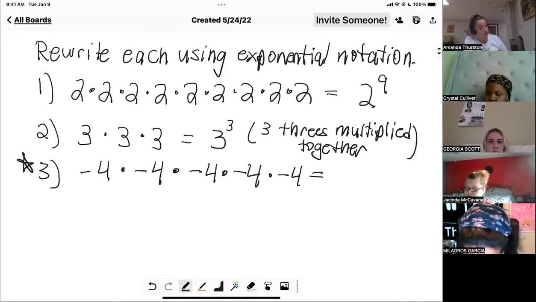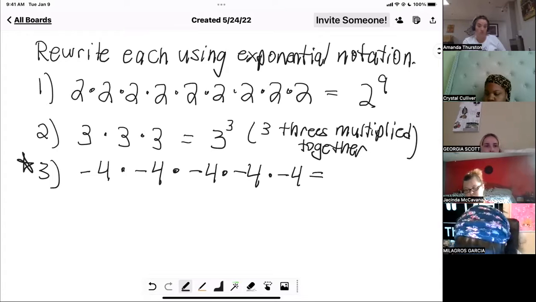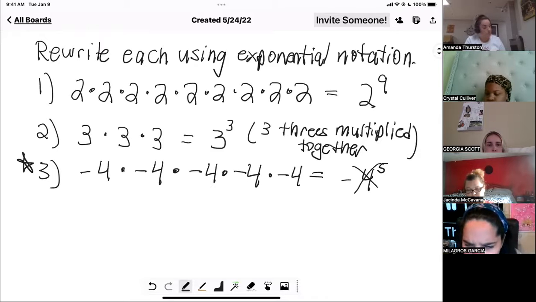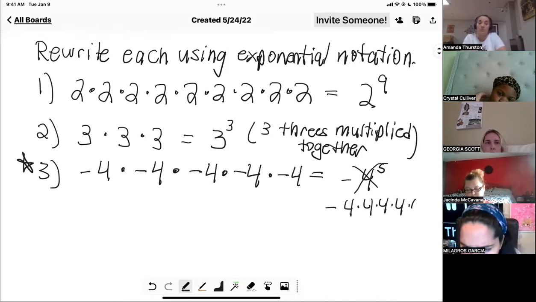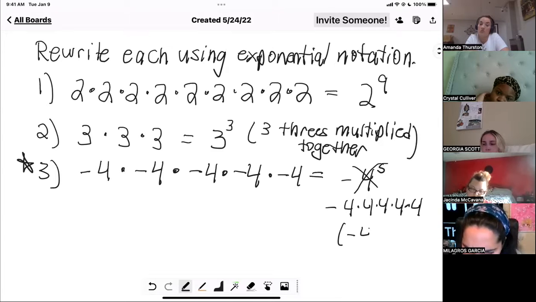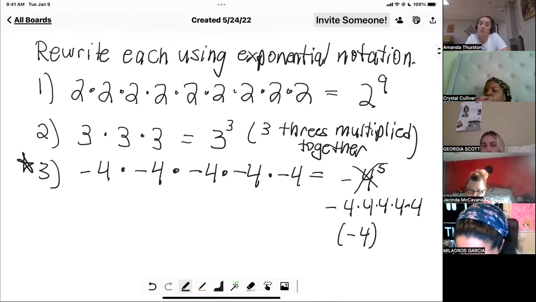When you have a negative, you have to be extremely careful. So if you have a negative, all of it is, this time it's 1, 2, 3, 4, 5. All of it's the 5th power, all of it. So you cannot put negative 4 to the 5th. If you put negative 4 to the 5th, this is a no-no. You're saying I have a negative and I have 4 5's. That's not what we have. We have negative 4 5 times. So the correct way to write that is negative 4, all of it, in parentheses, to the 5th, every negative 4, 5 times.